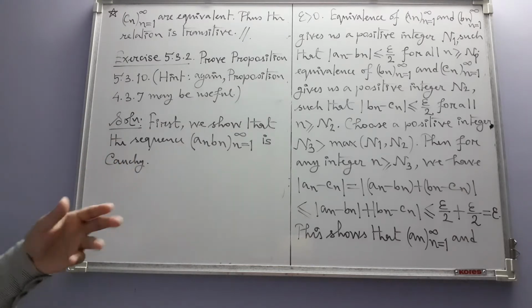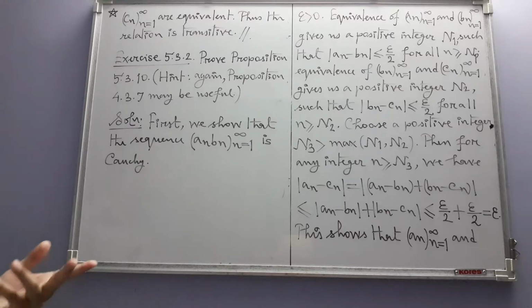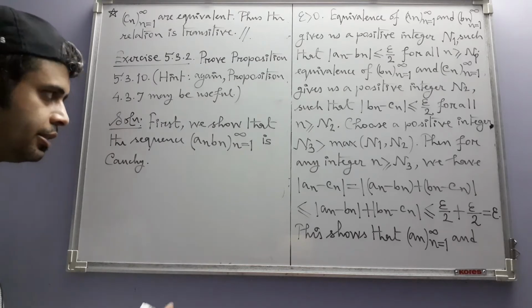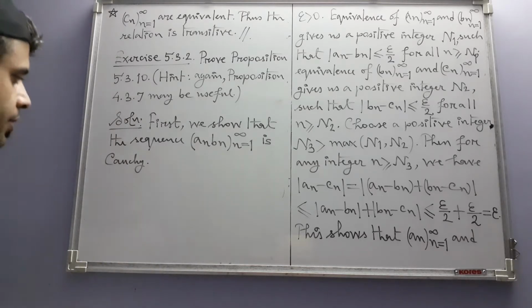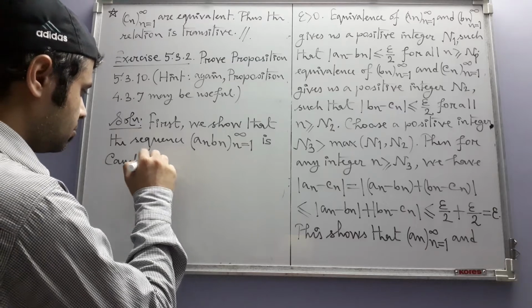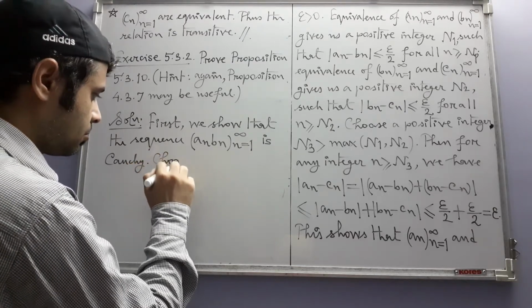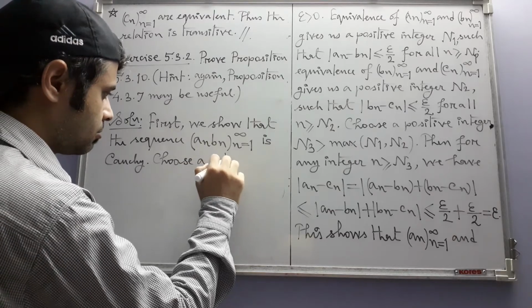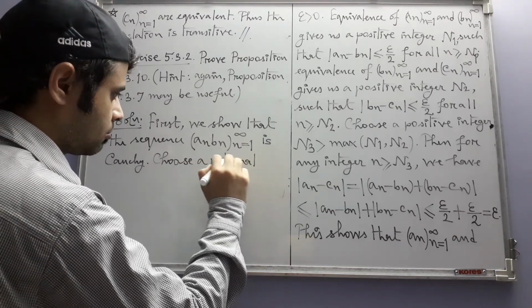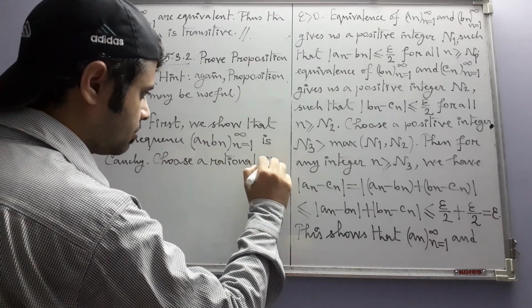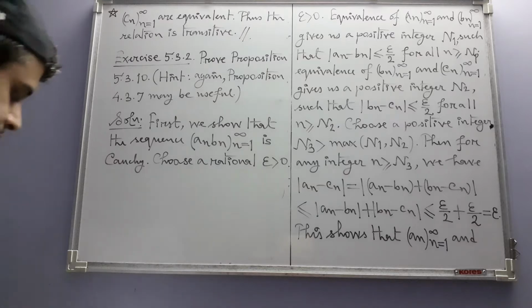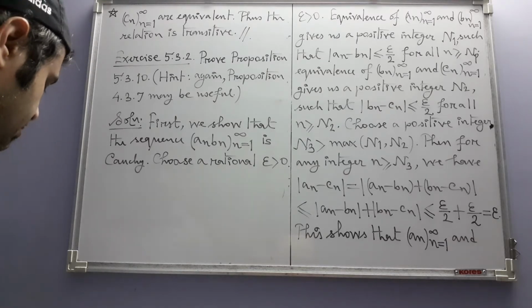For this the starting is the same, you choose one rational epsilon positive and then you try to show that there is a positive integer for which so and so things happen. So choose a rational epsilon greater than 0. Okay.